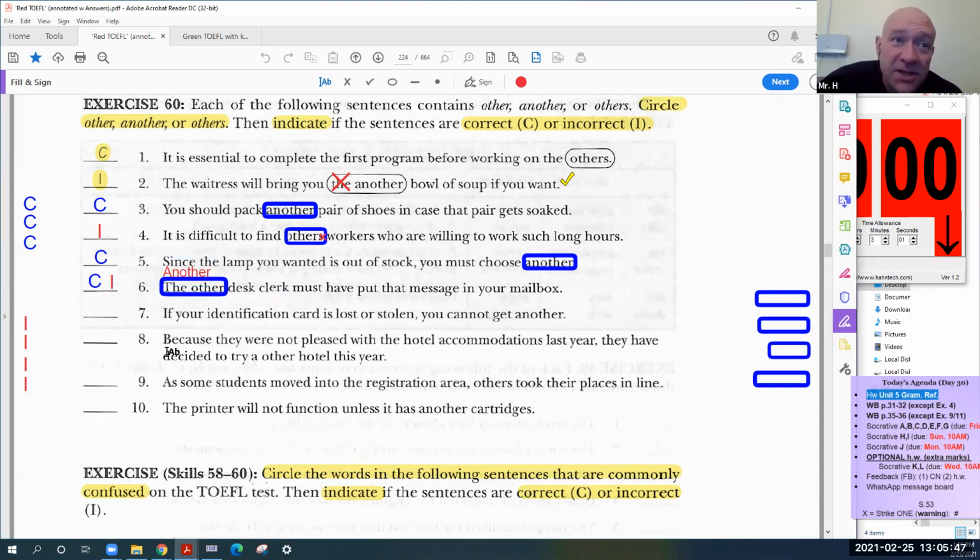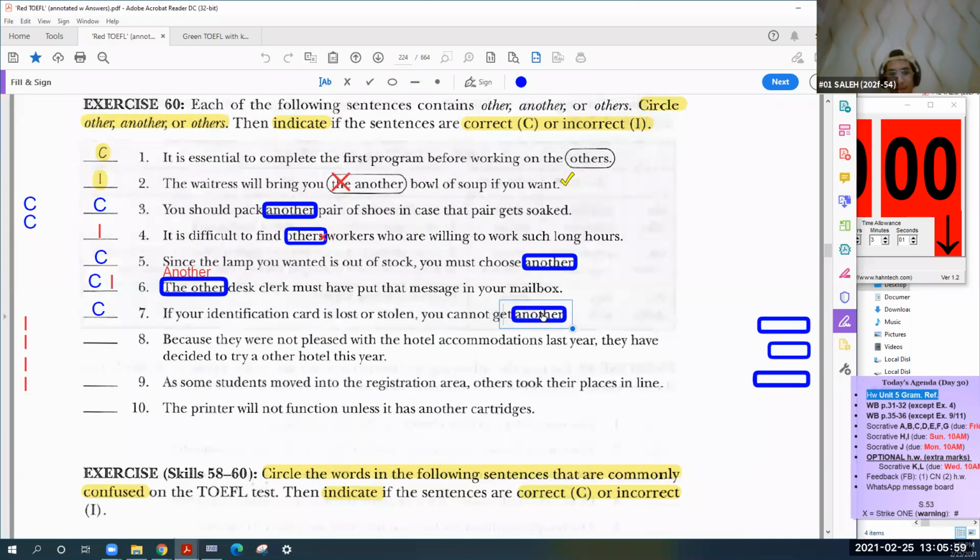Saleh, you want to try number 7? Correct. The circle A, in the last word, another. What's the reason? If your identification card is lost or stolen, you cannot get another. So what are the 3 things?